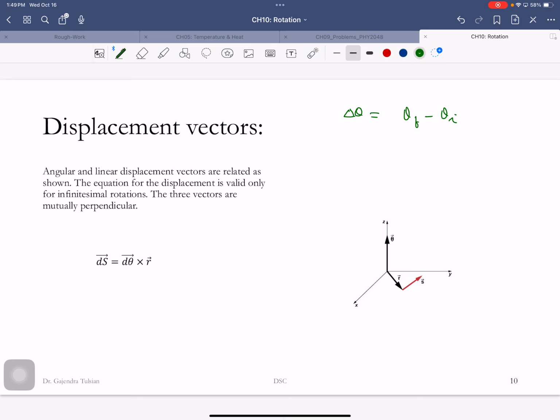So let's say this object rotated through d theta. This was the initial position of that point, and there's the final position, and that was d theta.